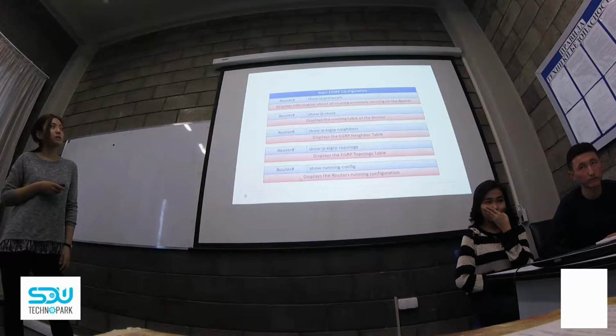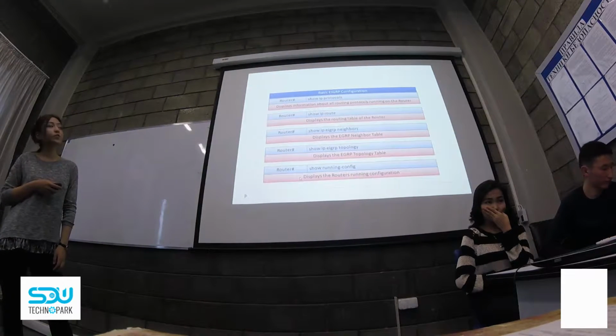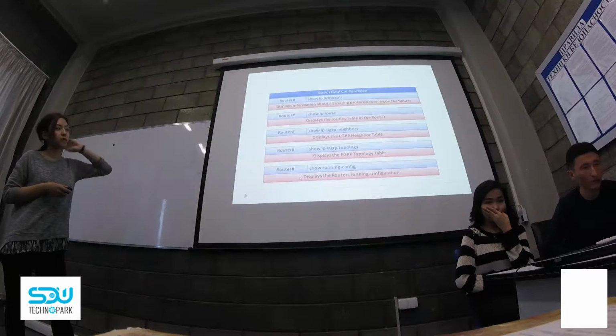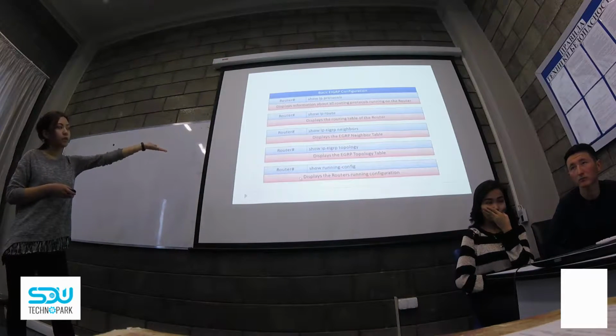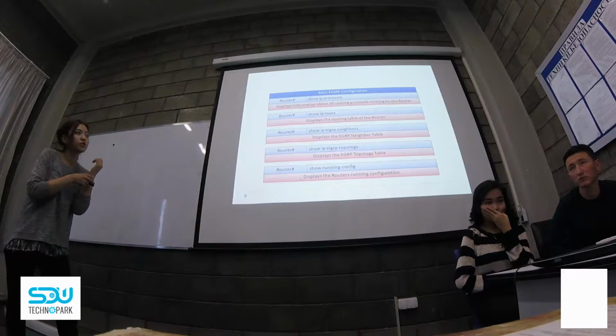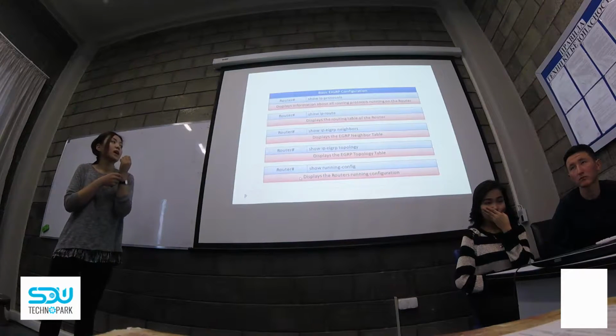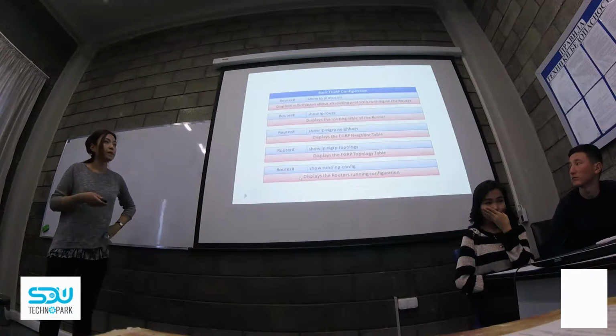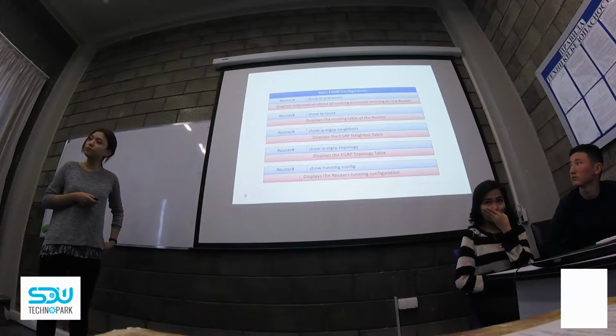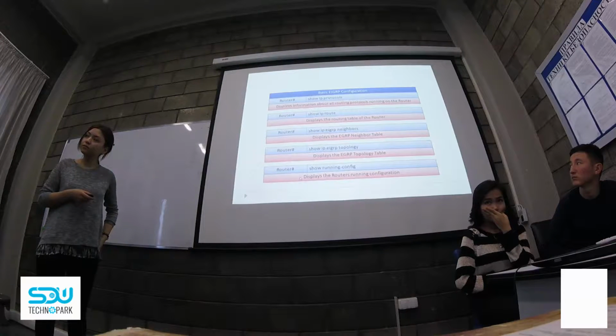There are some other basic EIGRP configurations we already know. The new one is show ip eigrp neighbors, which displays the neighbor table, topology and running configurations. I have a question. Which network should we identify there? Direct connect or overall?